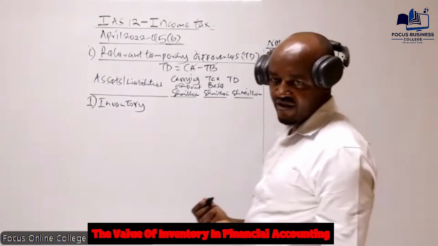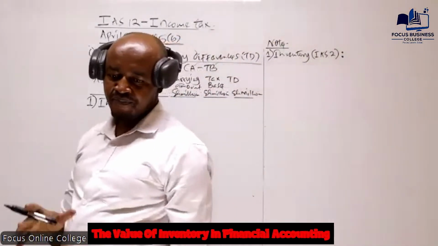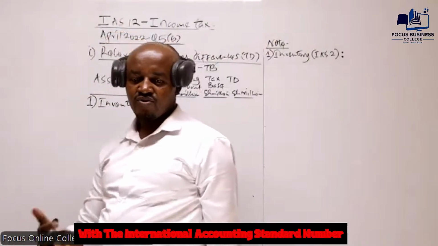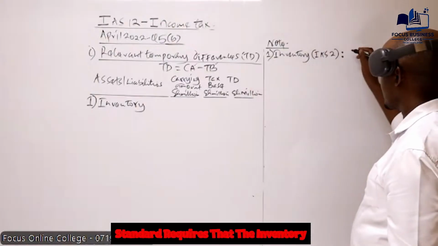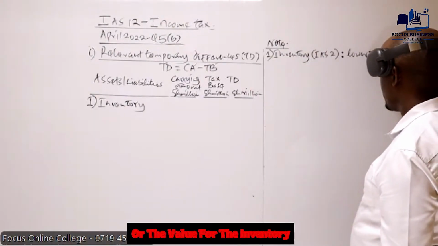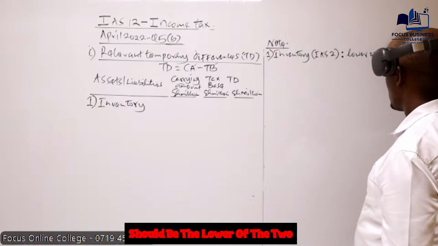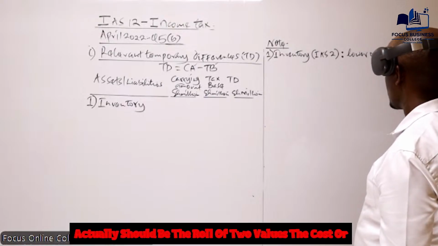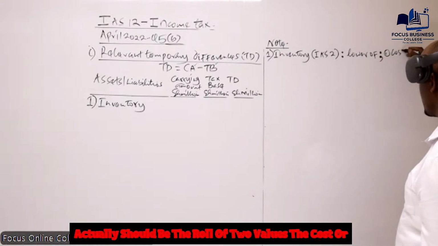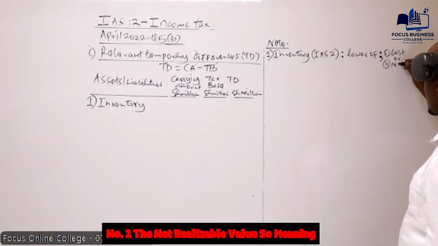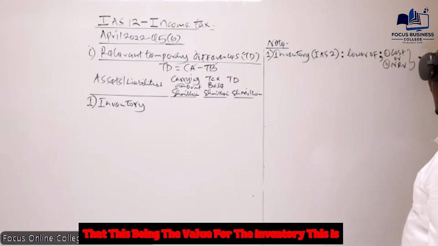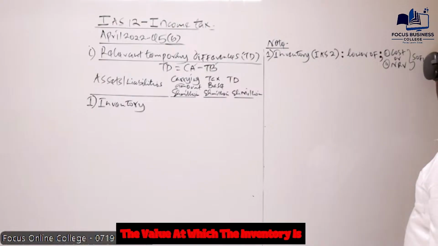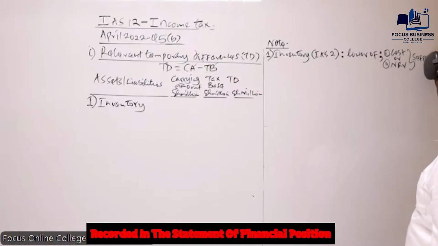Whenever you're determining the value of inventory in financial accounting, you do that in accordance with IAS 2. This standard requires that the value for the inventory should be the lower of two values, the cost or the net realizable value. This is the value at which the inventory is recorded in the statement of financial position.